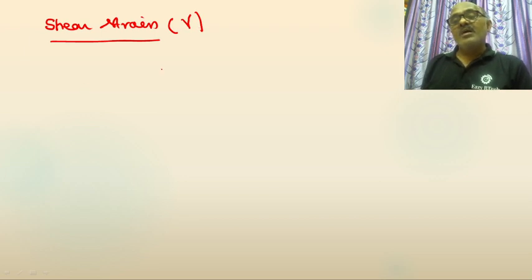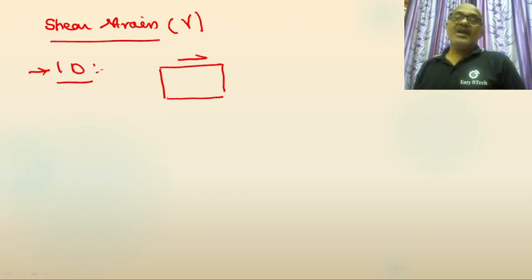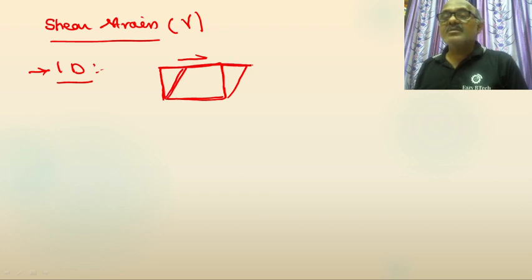So for a one-dimensional object, the shear strain, see, this is a one-dimensional case. When force is applied only in one direction, now this becomes like this. So this is the original object. This original object is distorted to this one.